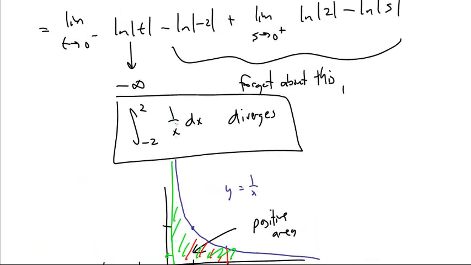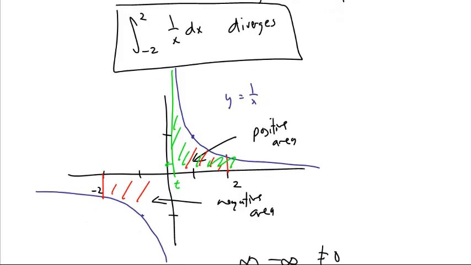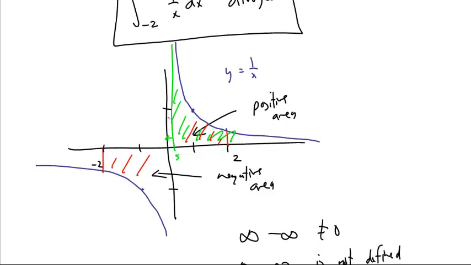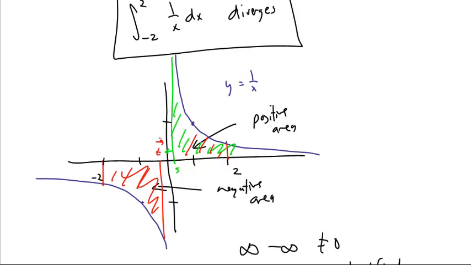Did we do t for the one? No, that was s. We'll call this one s, and this one is t. I'll use red. What the heck? And then t is some value here. And we find the area from negative 2 to t as t approaches 0 from the left.